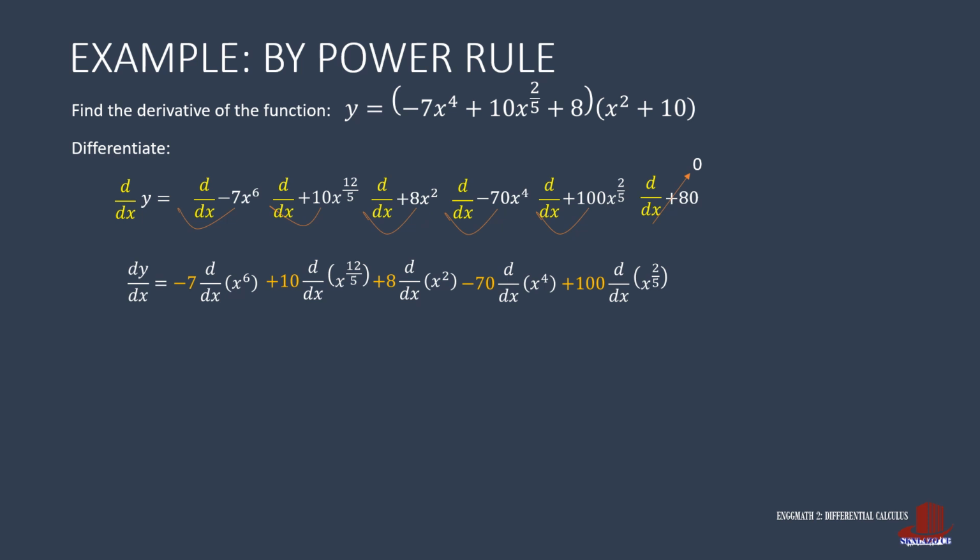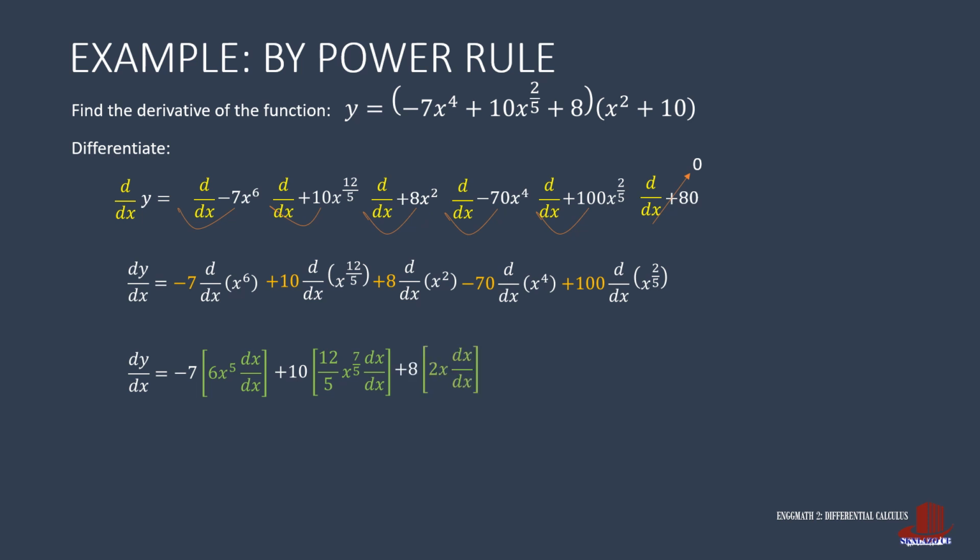With the constants out and individual x's to be derived, we employ power rule. The derivative of x raised to 6 is 6x raised to 5 dx all over dx. The derivative of x raised to 12/5 is 12/5 times x raised to 7/5 with dx upon dx.